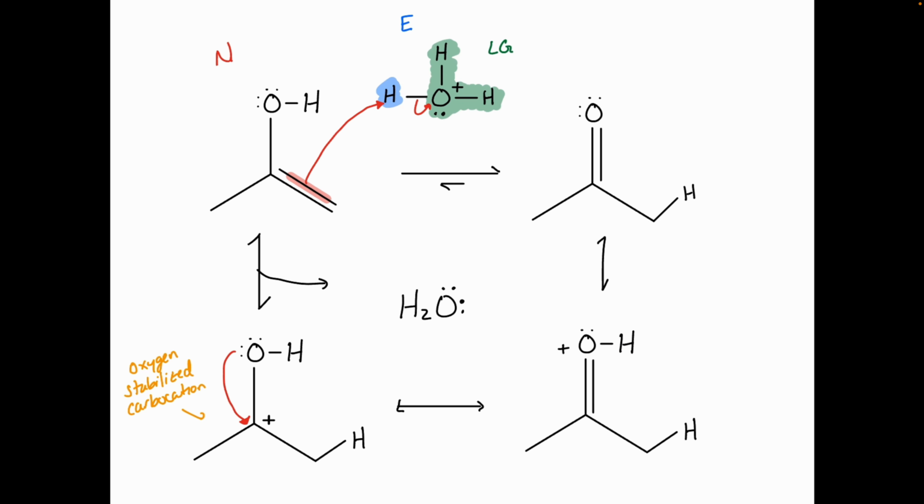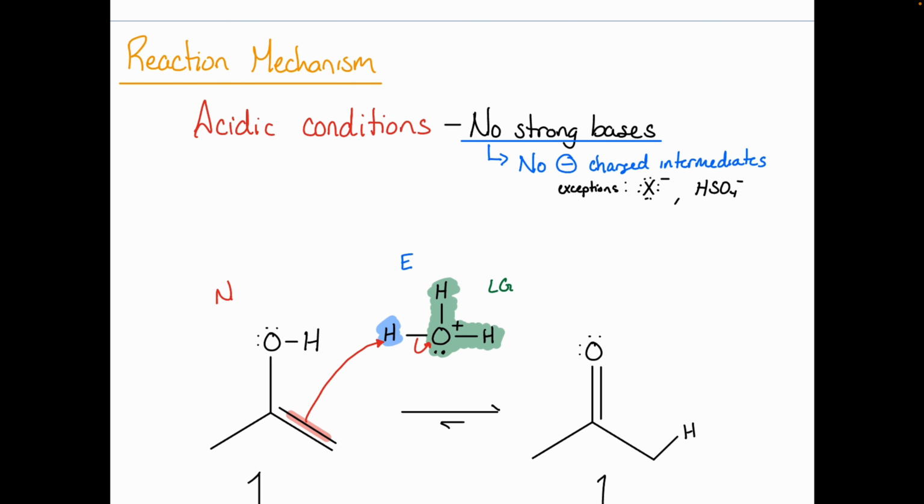The water. Awesome. So under acidic conditions, we're not allowed to have any strong bases, so the base that we're going to use is that weak base water. Again, this is allowed because it's a weak base. Water, being both a weak acid and a weak base, can play that role.